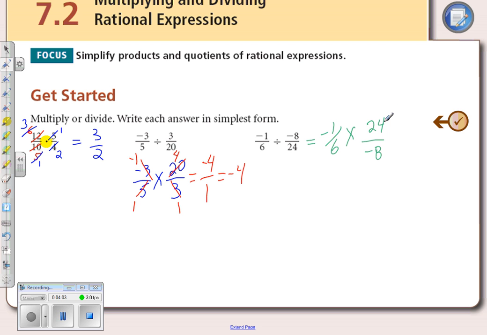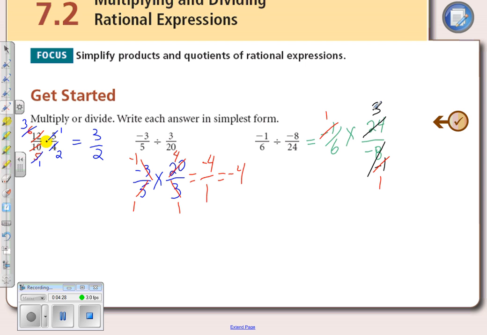Second one, yeah, I can reduce within there. I'm going to divide them each by 8. So divide this by 8, gives me 3. Divide this by 8, it's going to give me negative 1. I've got a negative 1, I've got a negative 1. I can take those and divide them into a positive 1.